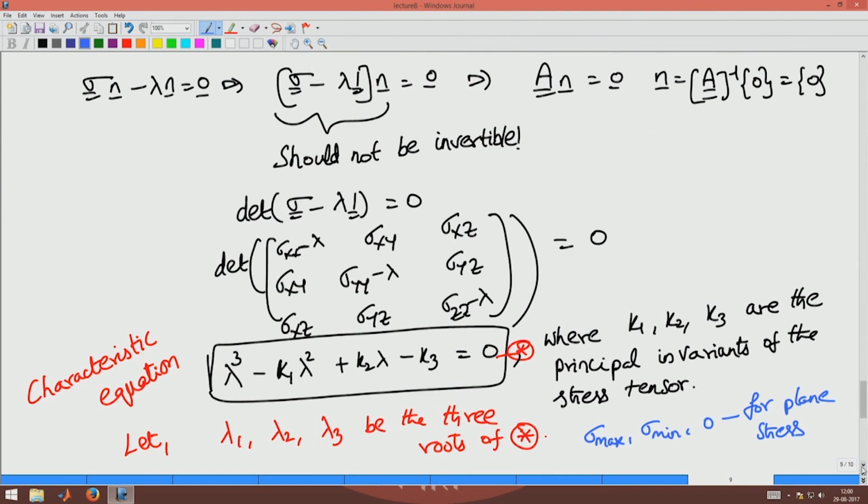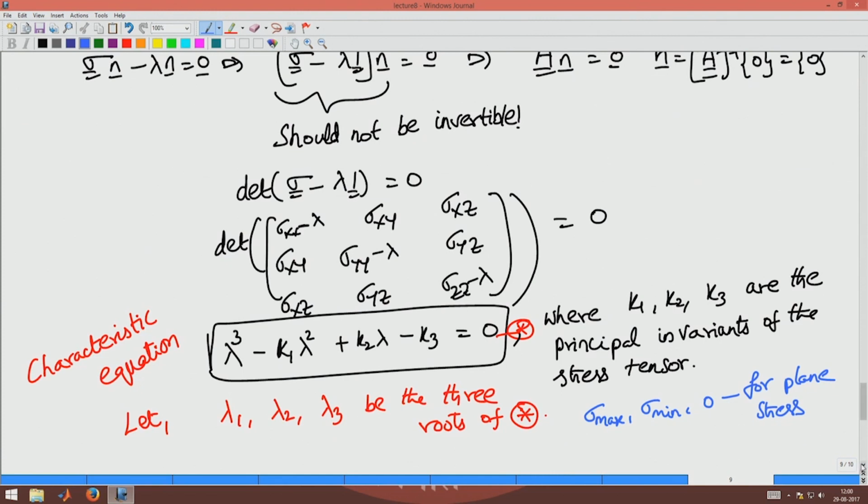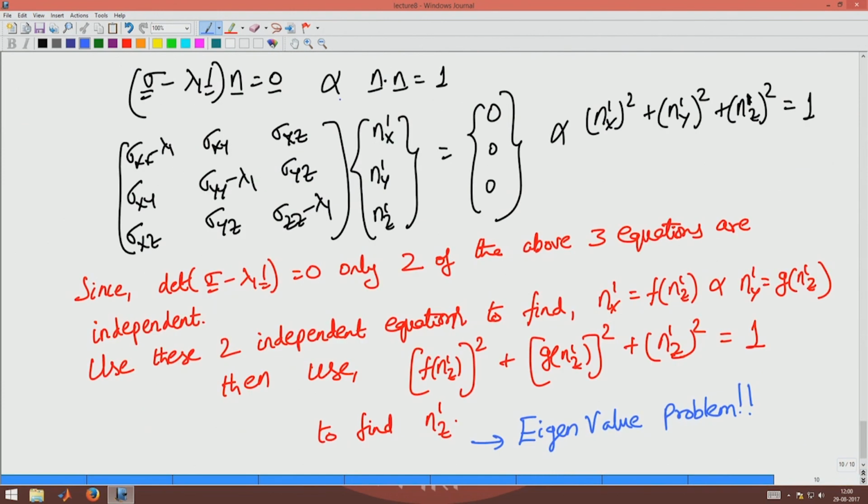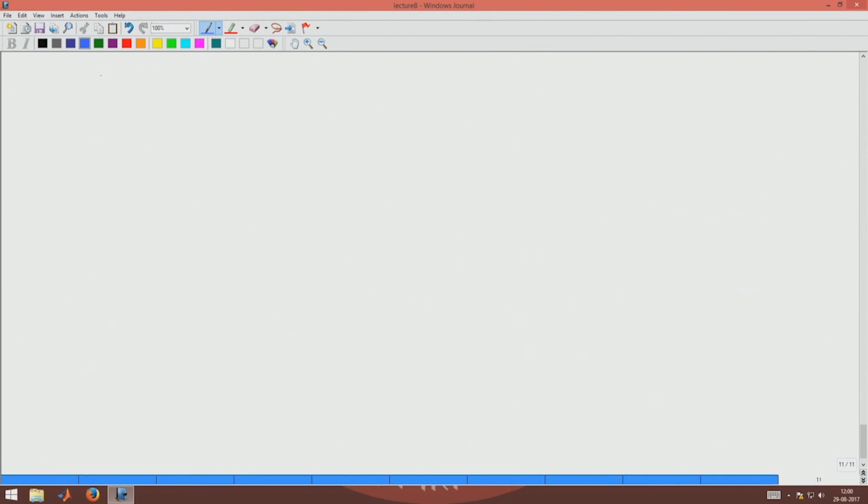Then the theta that you determine will determine what the normal is. For the principal stress, you found that tan of 2 theta p was 2 times sigma xy by (sigma xx minus sigma yy). Now, the normal that corresponds to this is cos theta p Ex plus sin theta p Ey.